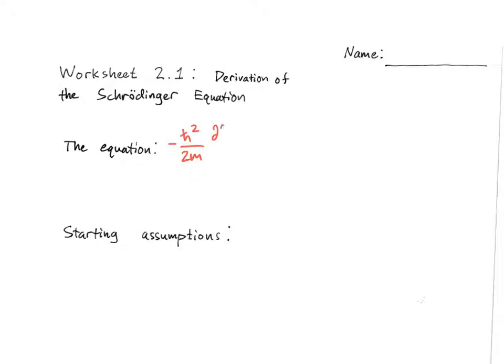Then we've got the second derivative of the wave function, which is a function of both position and time, with respect to position, plus the potential energy function, which is just a function of position, times the wave function, equals some constant energy times the wave function again.